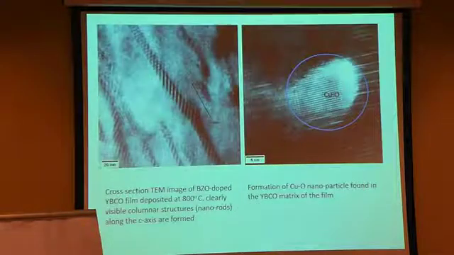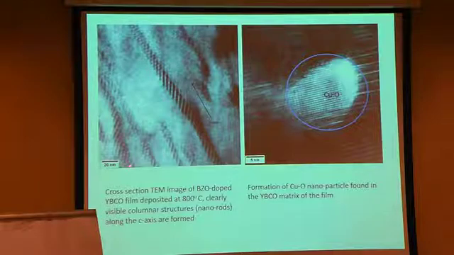Here. But if we use the results which were first reported by Boris Maiorov, also from Los Alamos, in which he showed that if you increase the temperature and reduce the rate of the laser shots, you have a much higher density of these correlated C-axis defects. We have these nice nanorods.